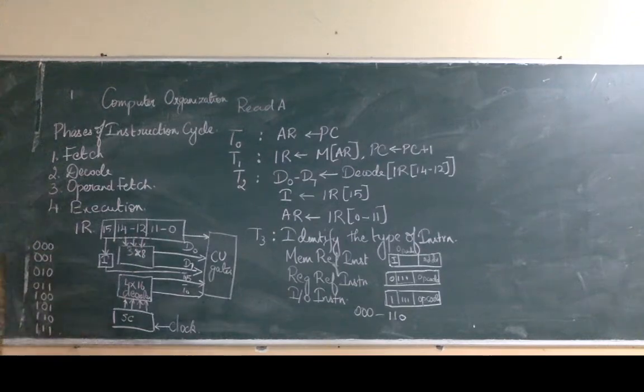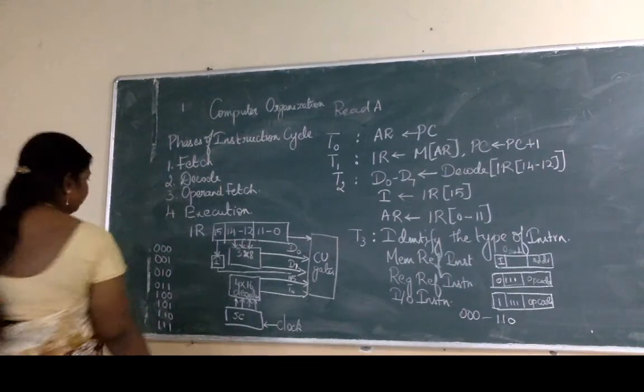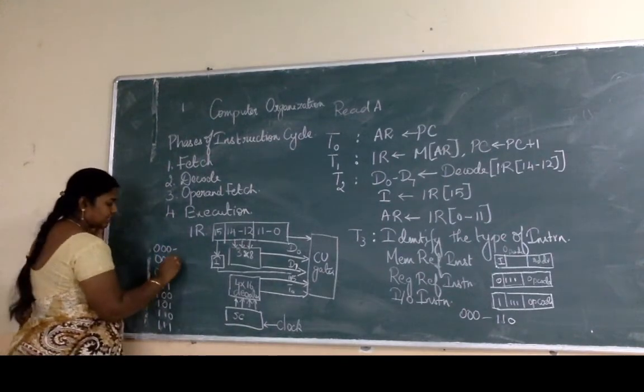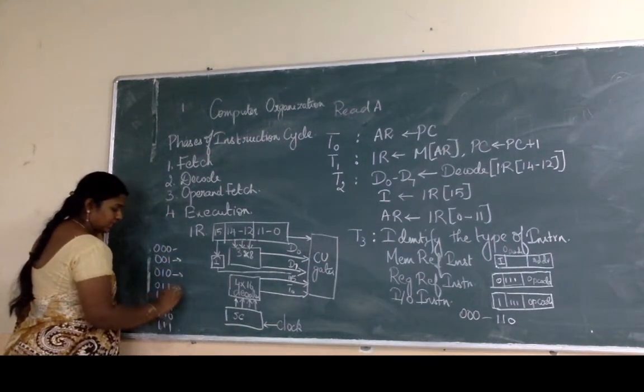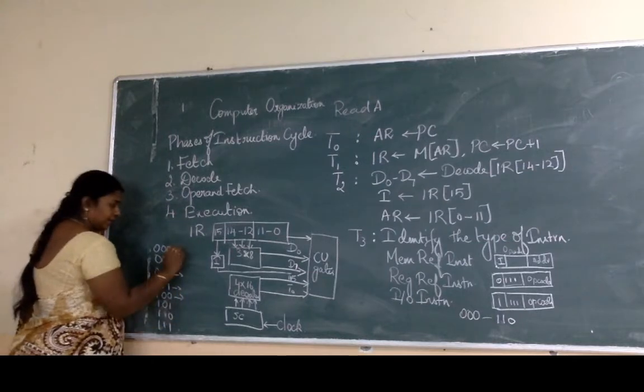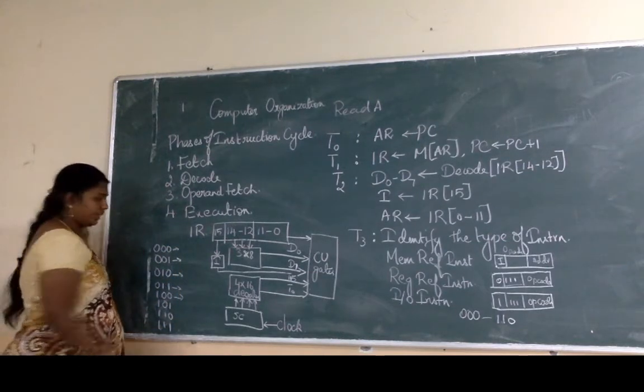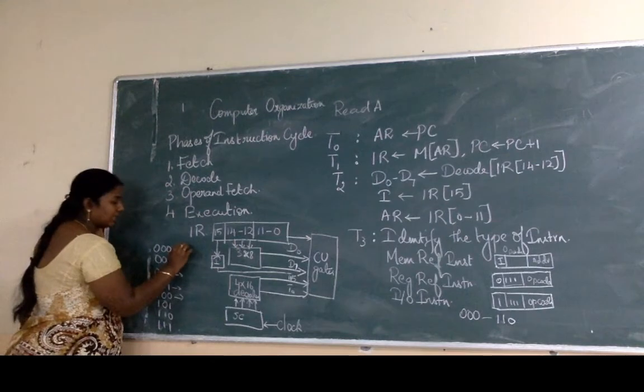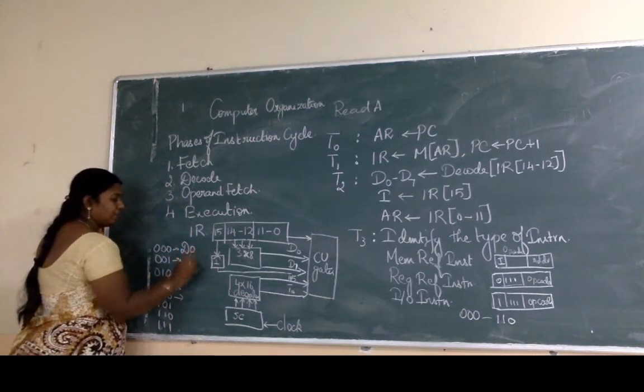In that case, we are going to generate signals based on this. In the case of 000, the signal D0 becomes 1.